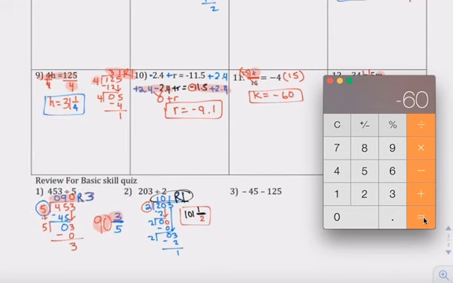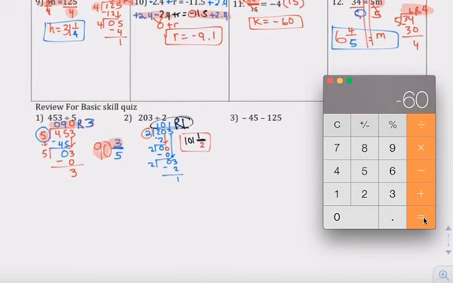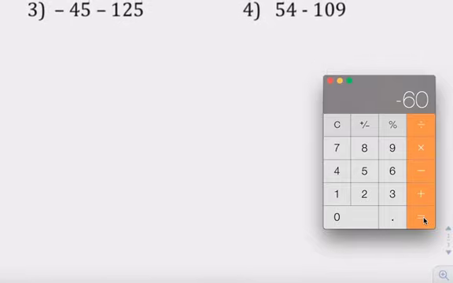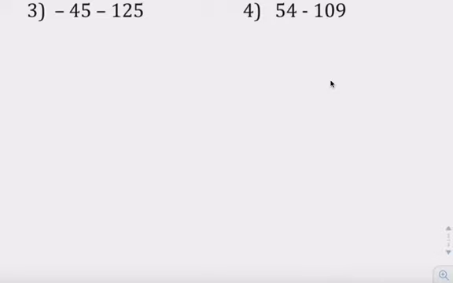Let's finish number 3 and 4 down here. Number 3, you guys had a hard time with this on your basic skills test. Okay, I'm going to exit out of my calculator. Do not use a calculator here. These are two negatives. Remember, a negative and a minus mean the same.